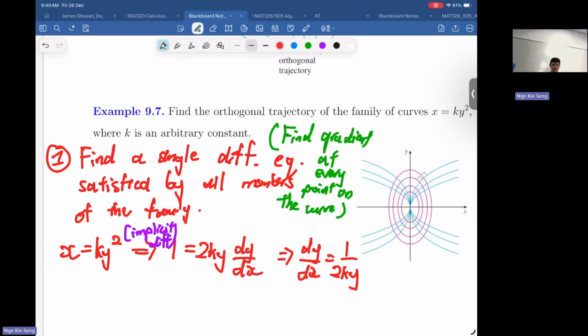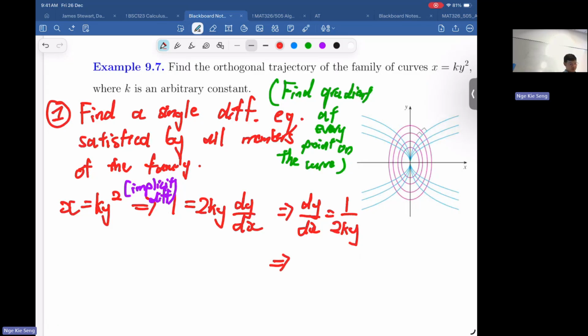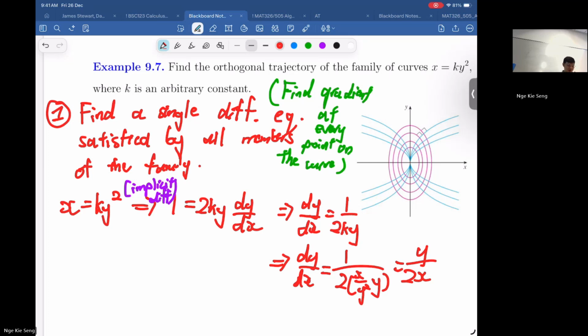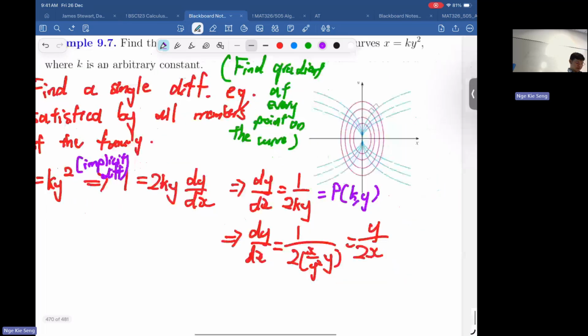We want to get this dy/dx in terms of x and y only. So let's substitute this k here. This k actually depends on x and y, so we just substitute it like this, and you get y over 2x. Because this is in terms of k and y, and we want to calculate in terms of x and y.